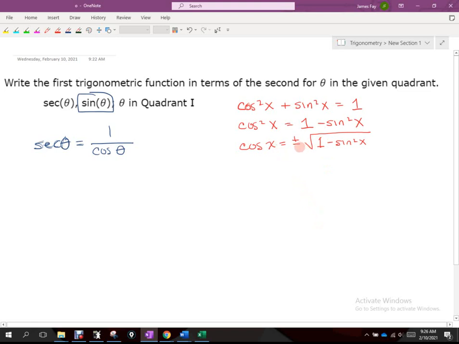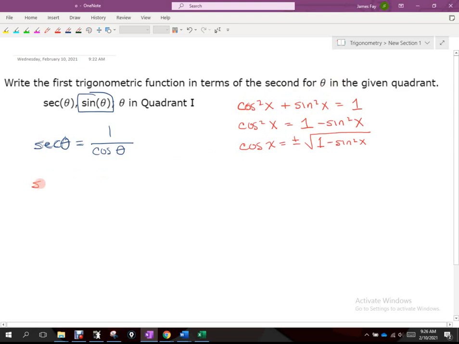Whenever you want to change sine and cosine in and out, we've done this maybe 2 or 3 times now. If you want to replace cosine with sine, this is how you do it. If you want to replace sine with cosine, you would do the same procedure, but you would solve for sine instead. Does that make sense? So now I can make that change.